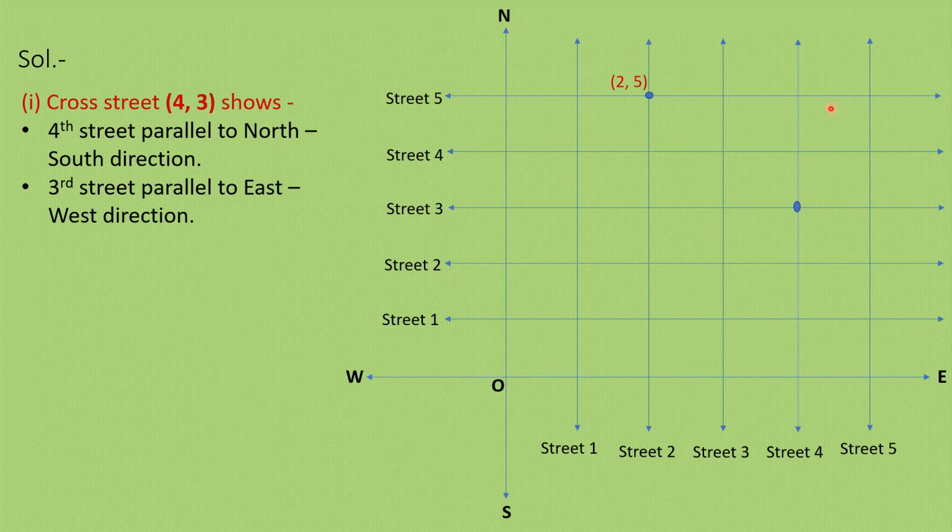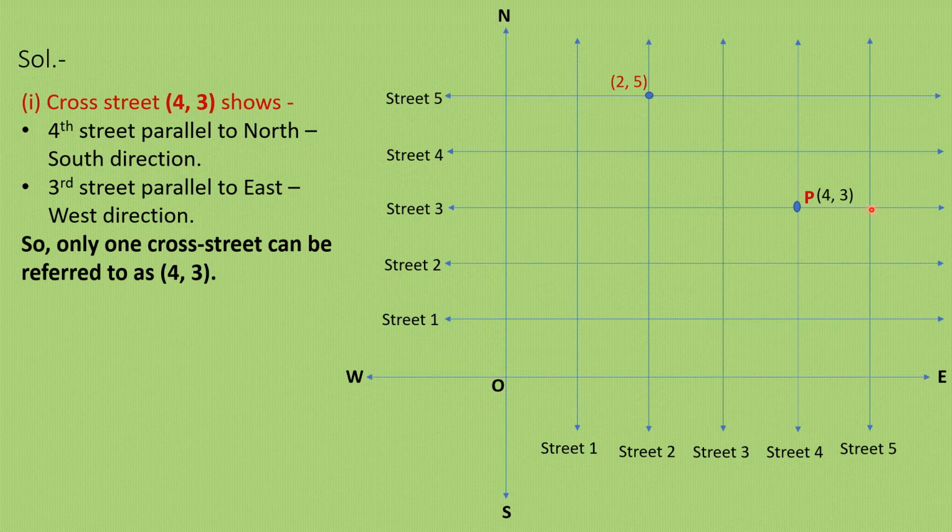Suppose this point is P, 4, 3. How many cross streets are there? There is no other point of intersection here, only one point of intersection of two streets. So only one cross street can be referred to as 4, 3.